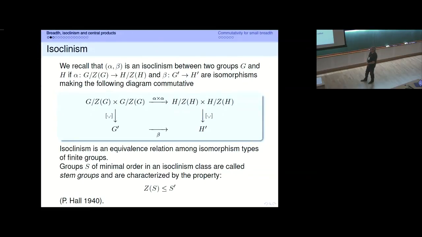These are the groups of smallest order in an isoclinism class, and they are characterized by the fact that the center is contained in the commutator subgroup. All this is in a very nice paper of Philip Hall in 1940.